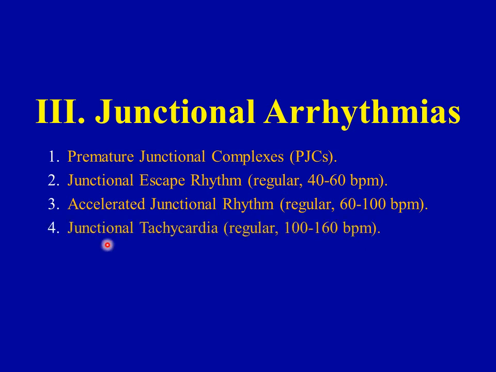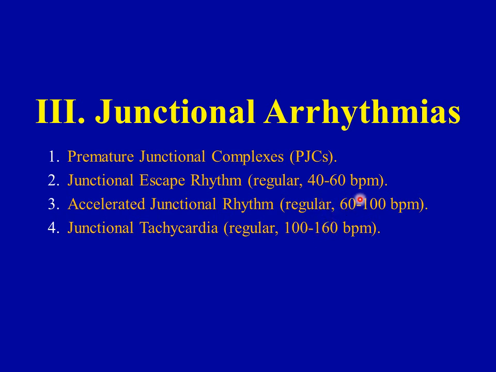And finally, we have junctional tachycardia, where we have a regular rhythm and a heart rate between 100 to 160 beats per minute. If you notice, junctional arrhythmias, apart from the premature junctional complexes, are all regular, but the classification depends on the heart rate.